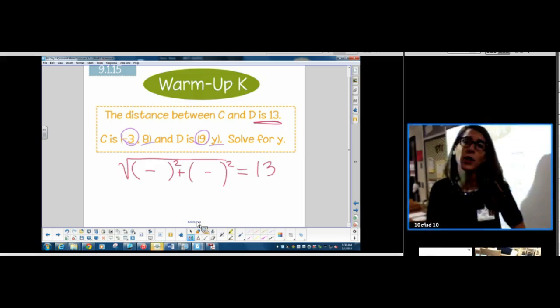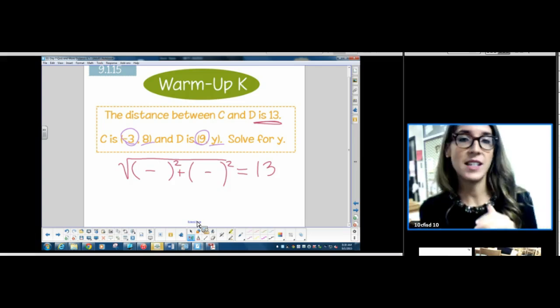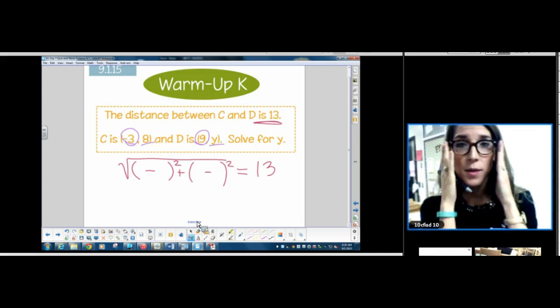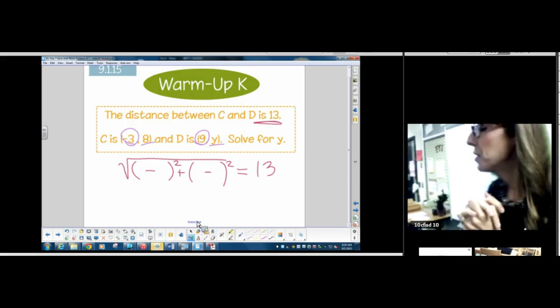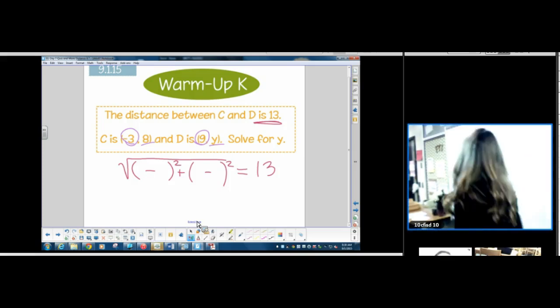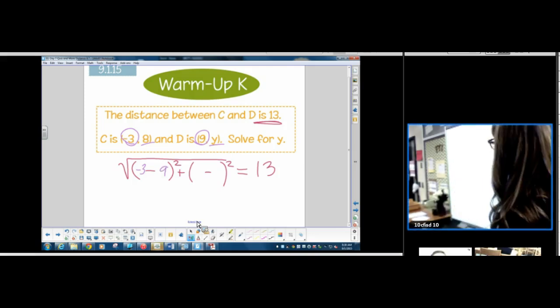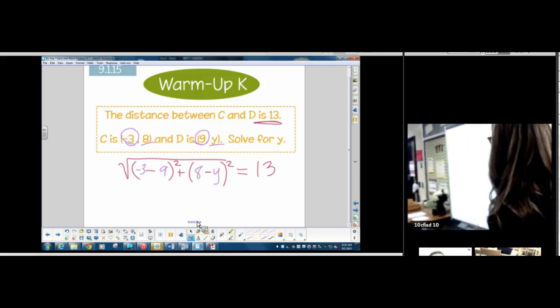And we agreed that when we put those coordinates into the distance formula, the order doesn't matter because we're going to end up squaring it. And so that's going to cancel out a negative if a negative happens. So you take the two that are circled and you throw them into one of the parentheses, my X minus my X, and then my Y minus my Y.